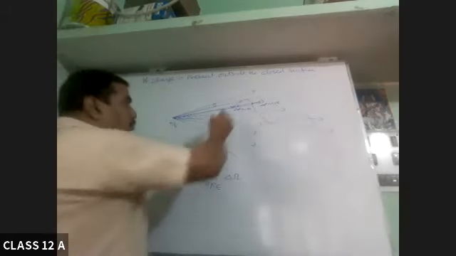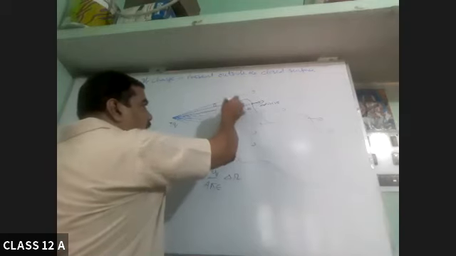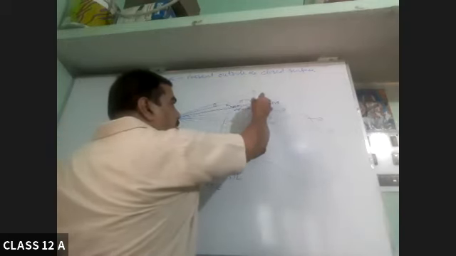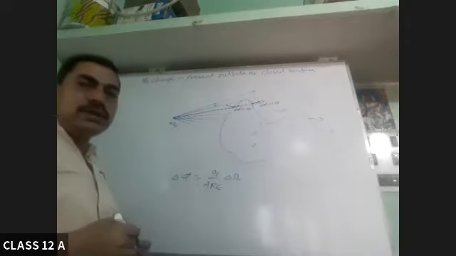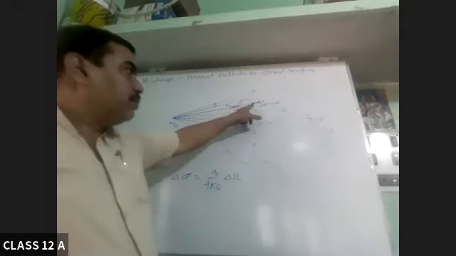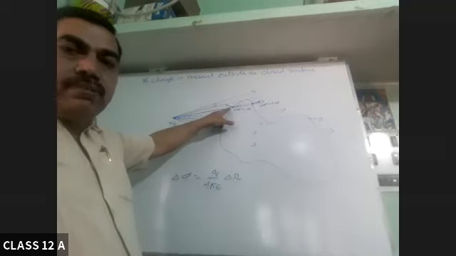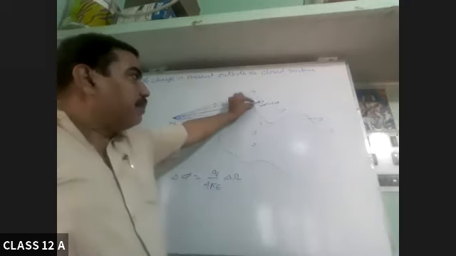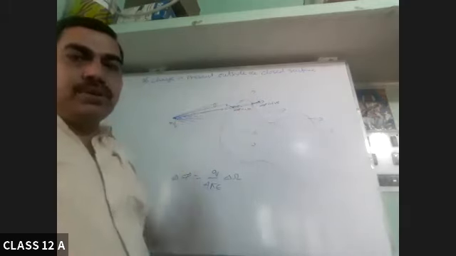Here the area vector is in the same direction, meaning the angle is less than 90 degrees, so flux will be positive. Here flux will be negative. So whatever flux is negative, the same flux is positive. So net flux will become 0.